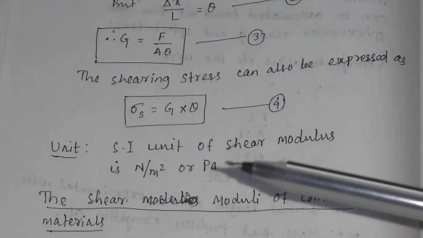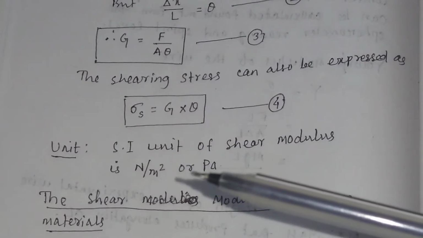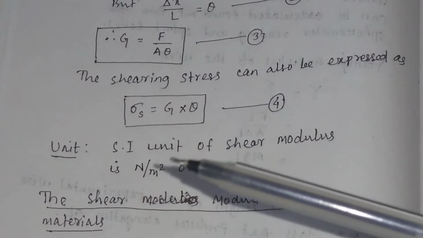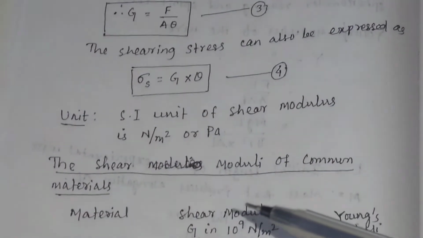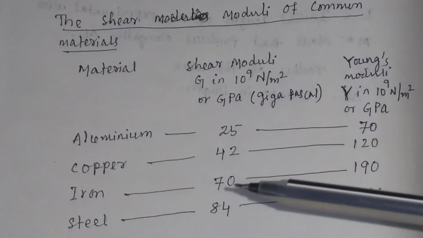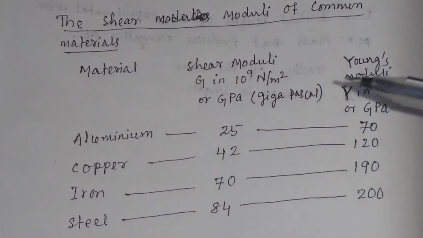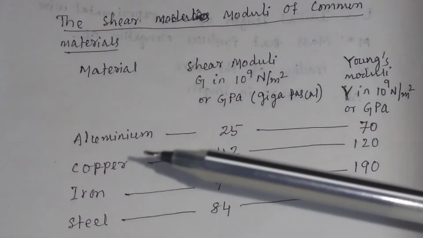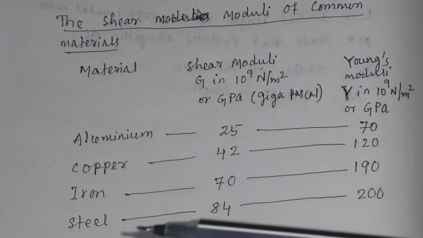Then what is the unit of shear modulus? The SI unit of shear modulus is Newton per meter square or Pascal. Newton per meter square is also called Pascal. The shear modulus of common materials. In this table, we have compared the shear modulus with the Young's modulus of some common materials like aluminum, copper, iron and steel.